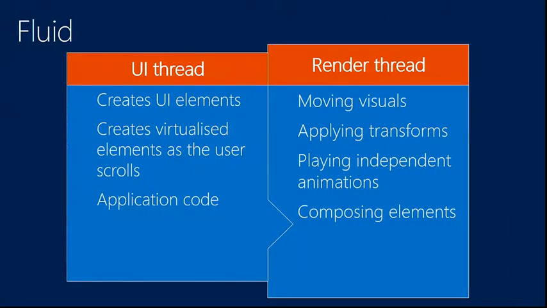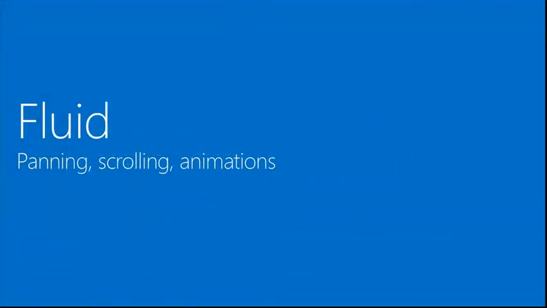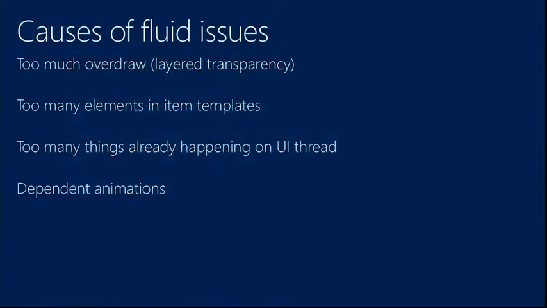So we've got those two threads at play. We create the UI elements and we move things around. Not doing very well. So if we've got a Fluid issue, the screen's not keeping up, what's happening? Well, we might have too much layered transparency, so too many elements trying to be drawn on top of each other. That's when the DWM can't keep up.